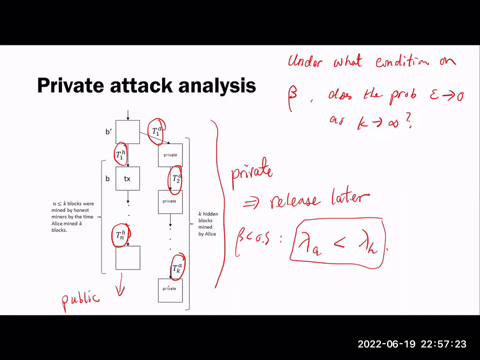Okay. The mining rule: the state of the system is that everyone keeps track of a tree of blocks. Each edge of this tree is defined by a proof of work puzzle solution. So everybody has a tree. And the mining rule is that the honest miner should always mine on the tip of the longest branch of this tree.